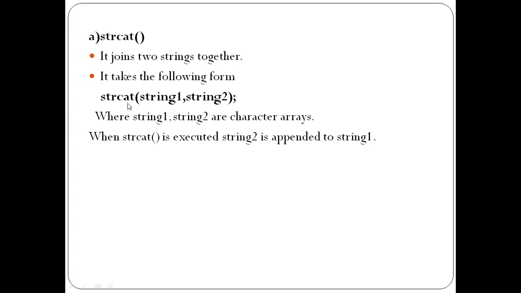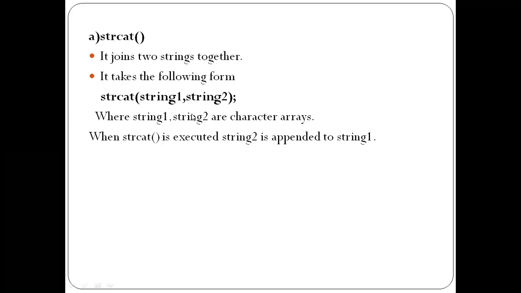strcat(string1, string2); it means string concatenation. I am taking string 1 and another one is string 2. Where string 1 and string 2 are character arrays, when the string concatenation executes, string 2 is appended to string 1. It means string 2 data goes to string 1.